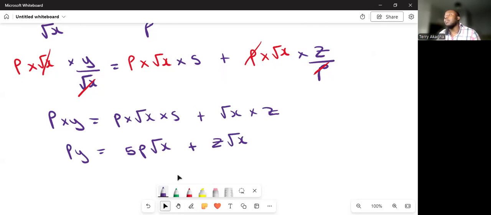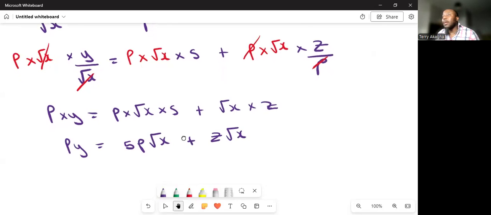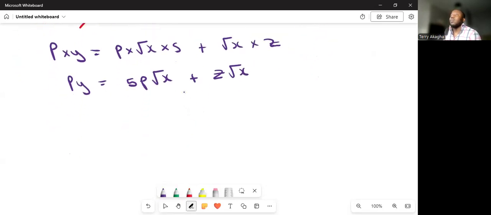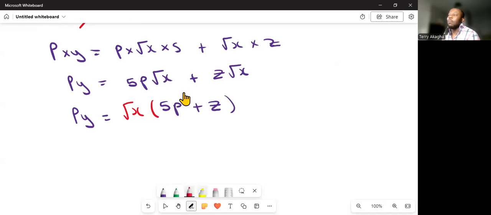Next, I can factorize here and take square root of x out. So py will be equal to the common factor square root of x, multiplied by 5p plus z.